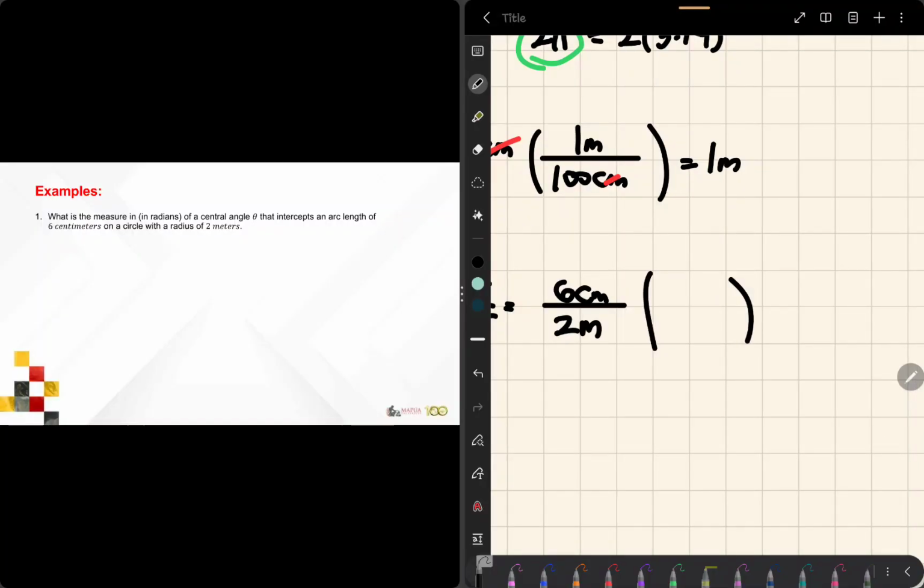We all know that for every 1 meter, we have 100 centimeters. So solving for this, when we cancel out the meters, we will have 6 over 2, we will have 3 centimeters times 1 over 100 centimeters.